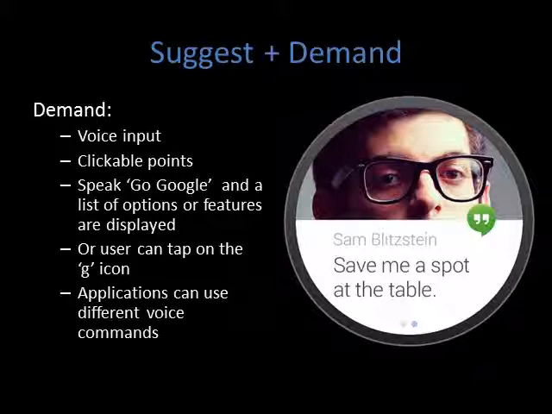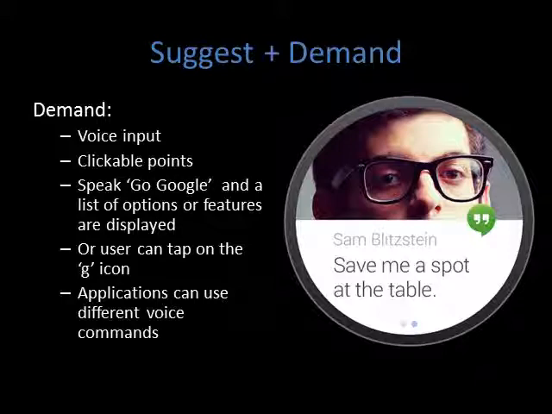So go Google is the keyword that would open up a list of options or features. And there you have the search screen being rendered, and then you can voice your search text. It can typically speak out saying best restaurants nearby, and that would search for the best restaurants nearby based on your geolocation and display the results to you.